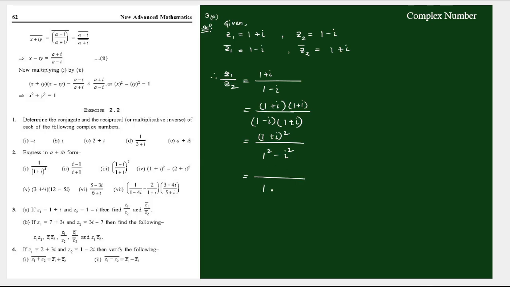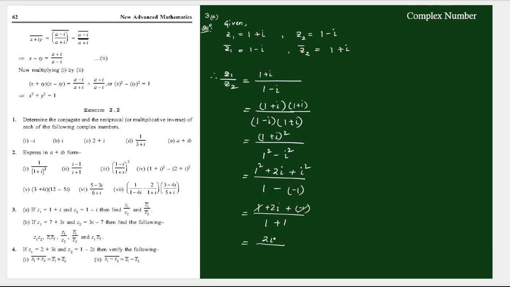Now 1 square is 1, minus i square is minus minus 1. The numerator is 1 square plus 2i plus i square. So 1 plus 2i plus minus 1. Plus 1 and minus 1 becomes 0.